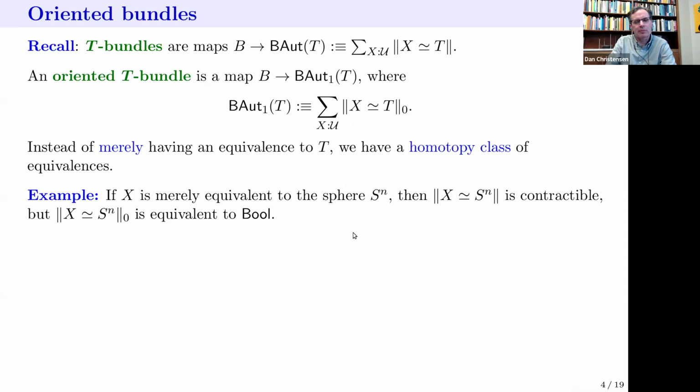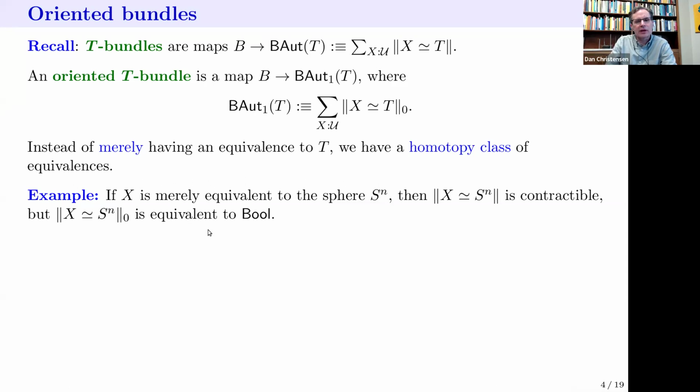So just as an example, if X is a mere sphere, then if I -1 truncate here, this type is contractible. But if I set truncate, this type has 2 elements. So I'm remembering an orientation of the sphere in that case.